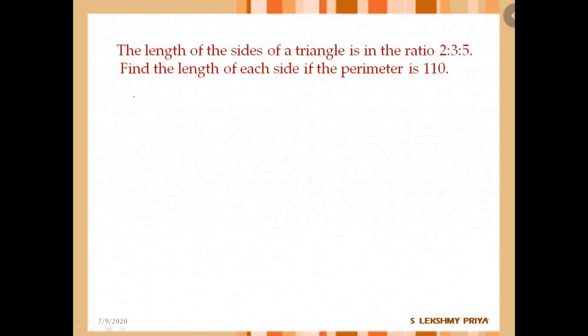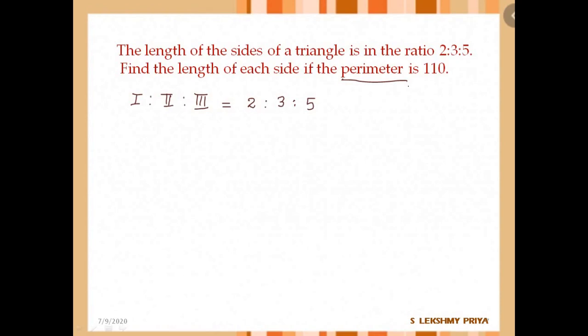So let's write like the first side is to second side is to third side of the triangle equal to 2:3:5. One more thing given here is the perimeter. What is a perimeter?